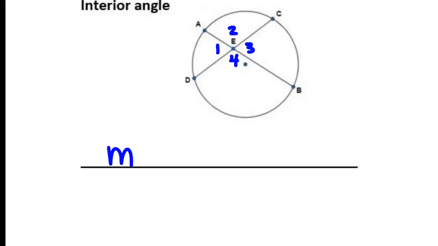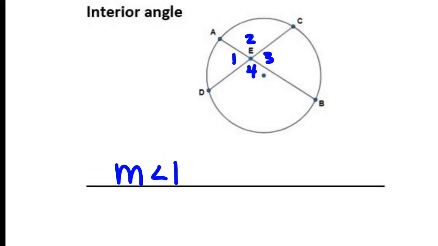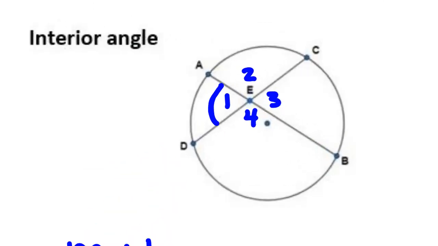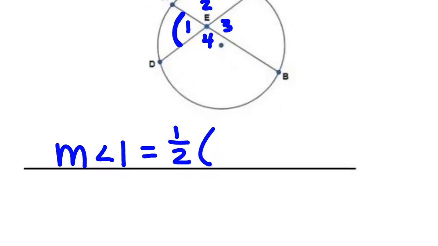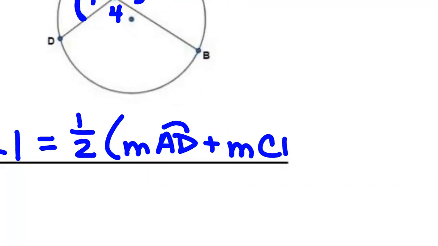The measurement of angle 1, this angle right here, is equal to 1/2 the measurement of arc AD plus the measurement of arc CB.